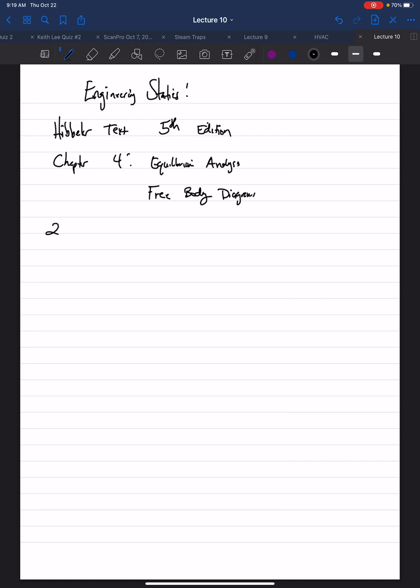We've worked in 2D. We'll say support reactions. This is table 4.1 for our free body diagram support reactions in 2 dimensions. This is page 160 to 161 in the text.